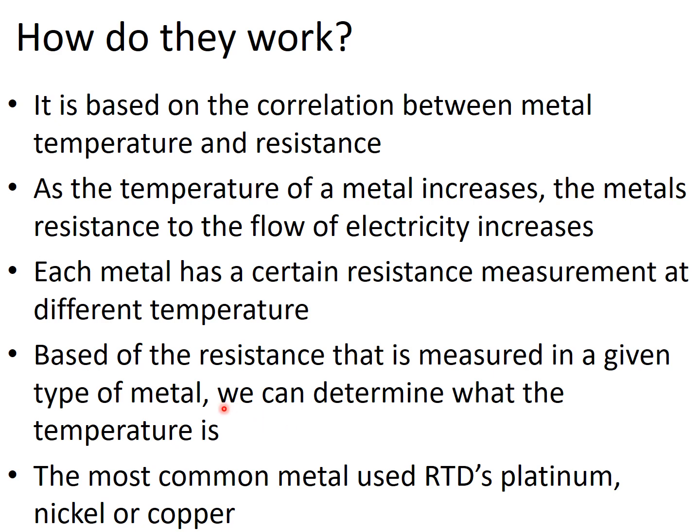For example, if at 0 degrees Celsius I get a resistance of 100 ohms, and now I get 150 ohms, then obviously my temperature has increased, because when the temperature rises, the resistance also increases. So knowing the value of a resistance, we can judge the value of the temperature.